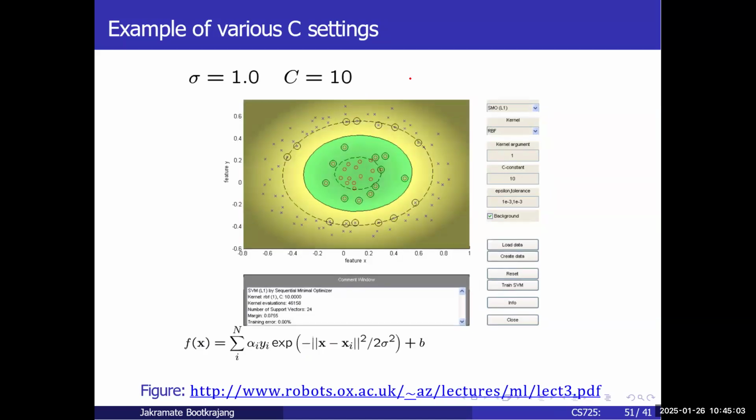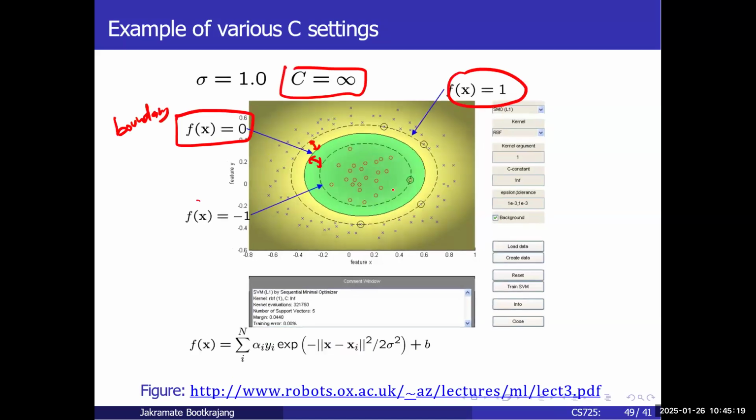And if you pick C equal to 10, you have a very big margin, but you allow more inaccurate predictions. So it's a trade-off.